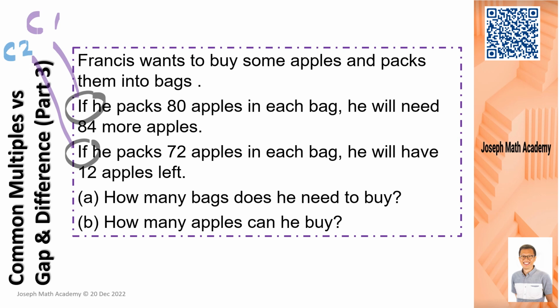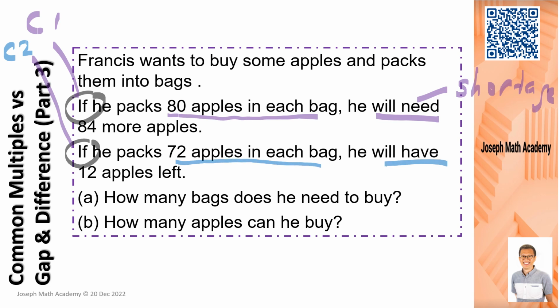Let's talk about the first case. Case 1, each bag contains 80 apples. He will need, so this "will need" means there's a shortage. Then the second if, case 2, each bag has 72 apples.